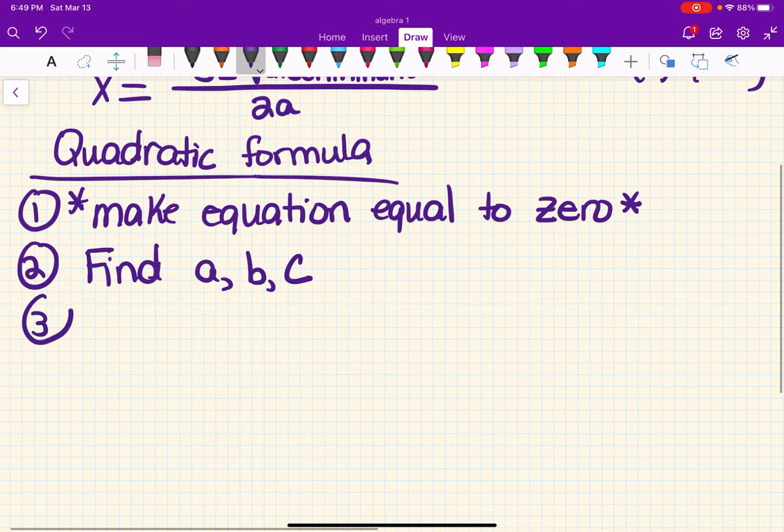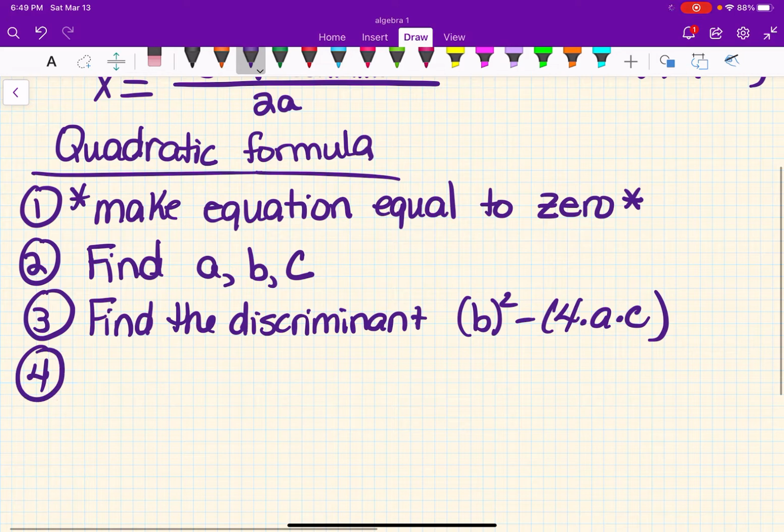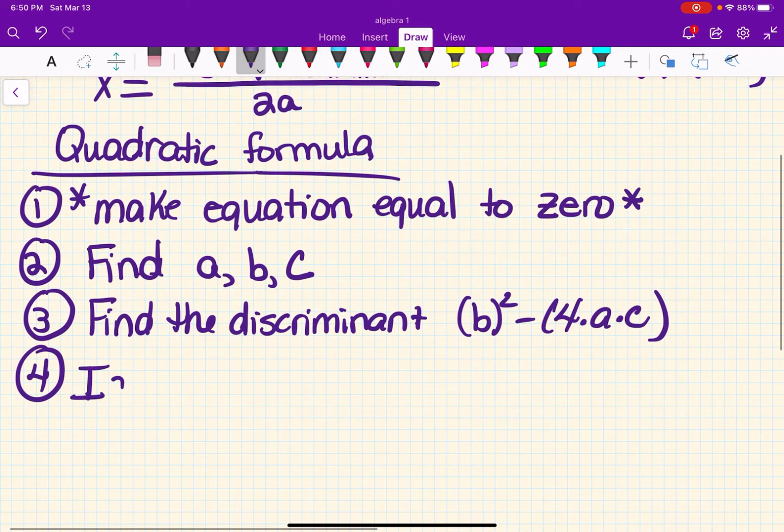Third step we did yesterday, find the discriminant, which is b squared minus 4ac. Fourth step, identify types and number of roots from that chart we did yesterday, or in the other section.